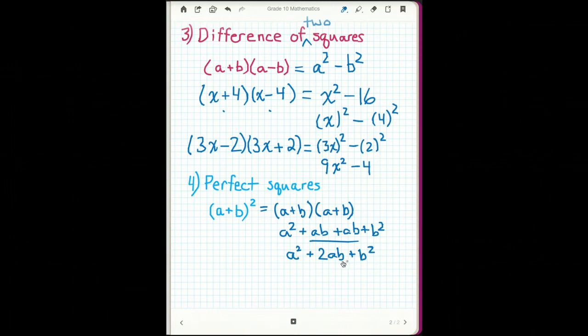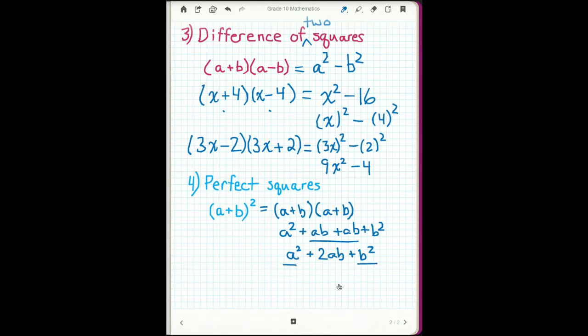And that pattern always comes up no matter what you put in for A. Even if you put in 3xy squared, that will still be multiplied by itself. Then twice this term times this term, and then the last term squared. So it's almost what students want to write.